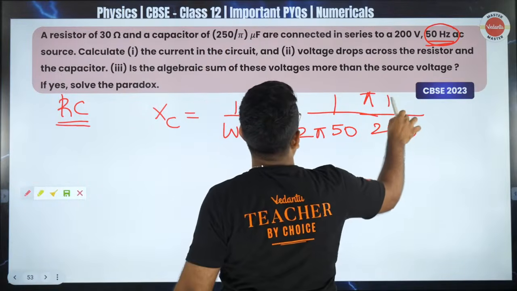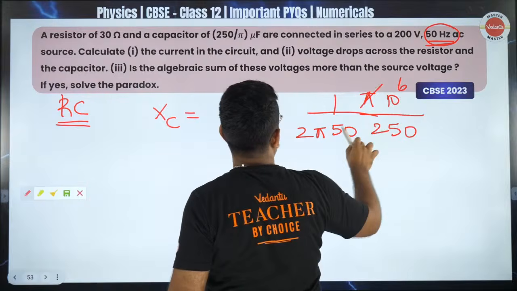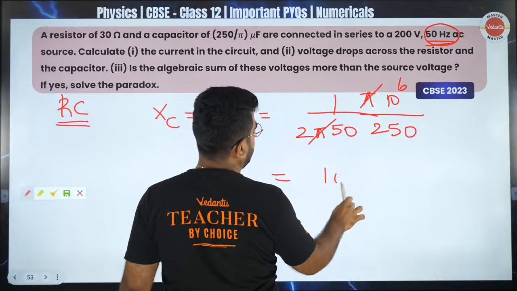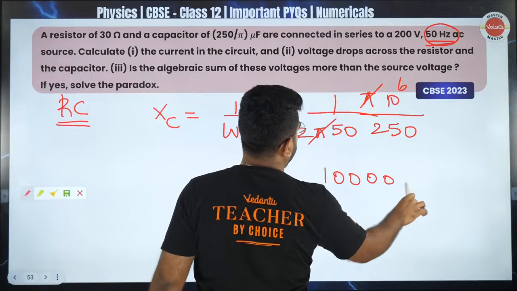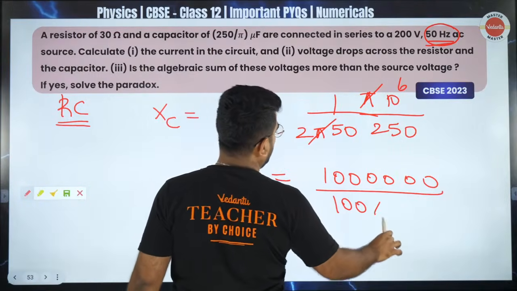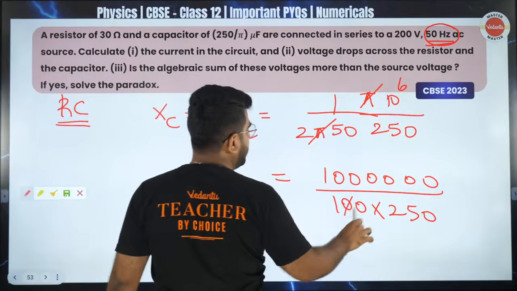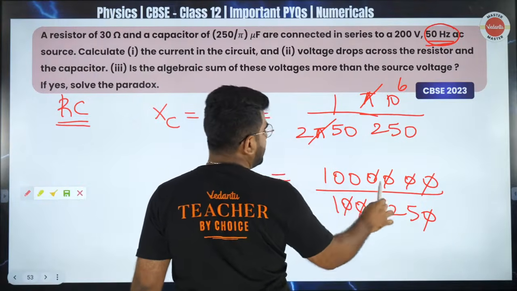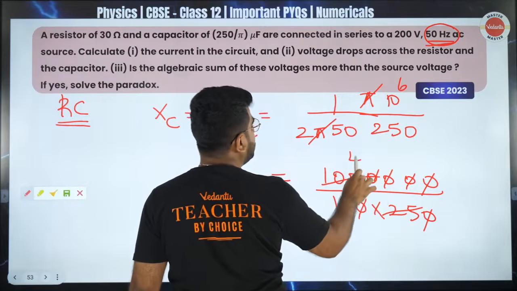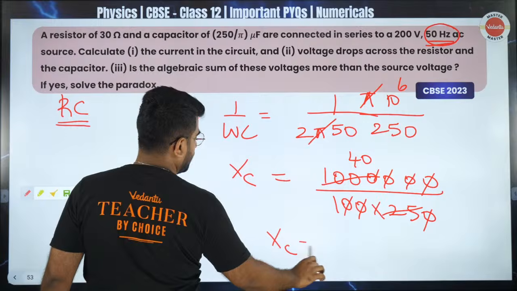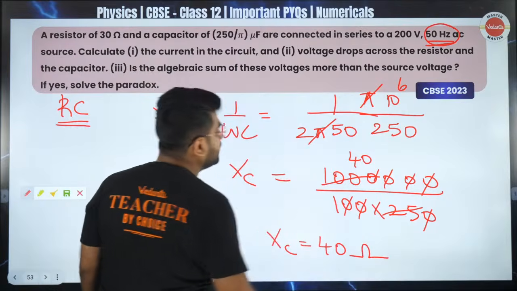Microfarad means 10 power minus 6, so 10 power 6 comes in the numerator. So 10 power 6 by 2 into 50, 100, into 250. So 1000 by 25. 1000 by 25 is 40. So XC is 40 ohms. So the capacitive reactance is 40 ohms.